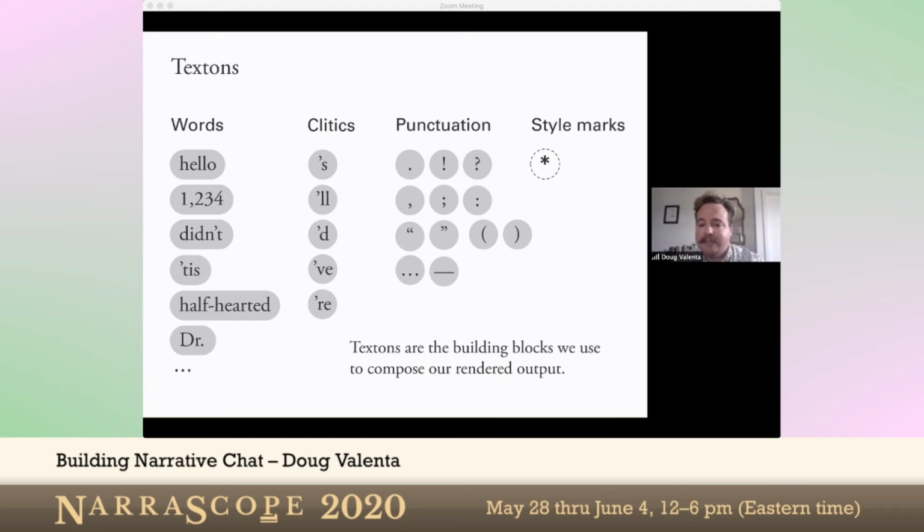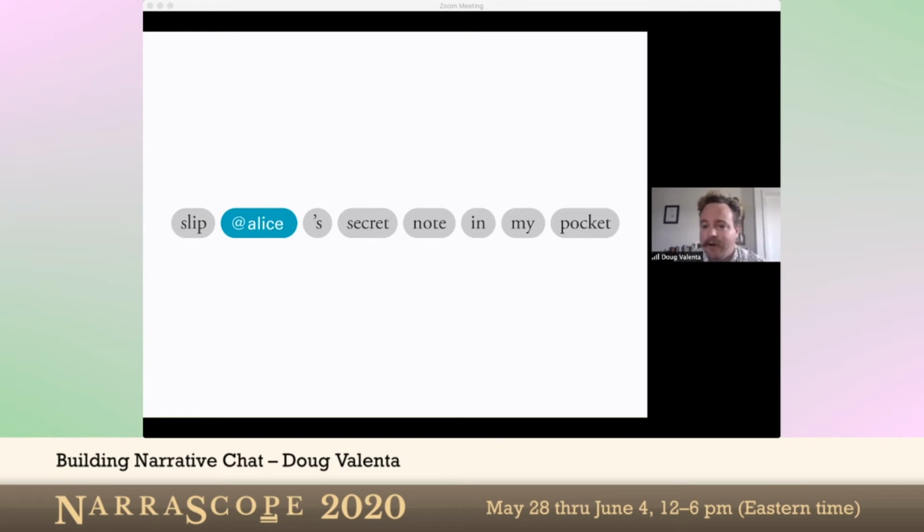Now, not all of the textons that we see here already broken out are what are going to end up in the final output, but they are in that class of token, right? So our next step is that we want to be able to interpret these tokens and try to assign them meaning. And that's not a semantic meaning.